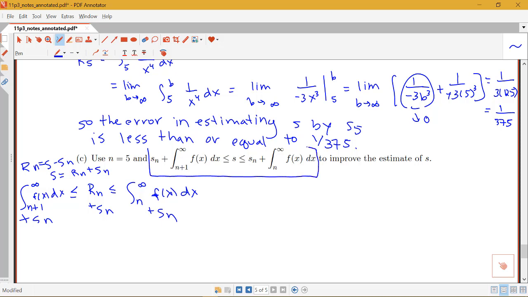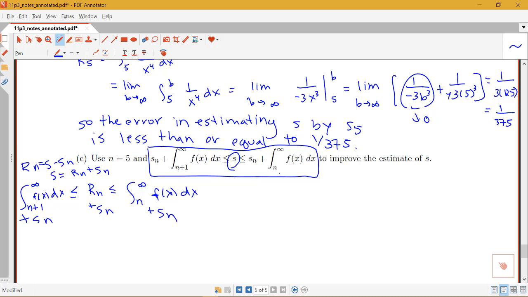This is an inequality that gives me an upper and lower bound on the actual value of the sum. If I take Sn plus the integral from n plus 1 to infinity as the lower bound, and Sn plus the integral from n to infinity of f of x dx as the upper bound, that gives me an upper and lower bound for the actual sum. So let's see how we can get some bounds on our actual sum in this case.